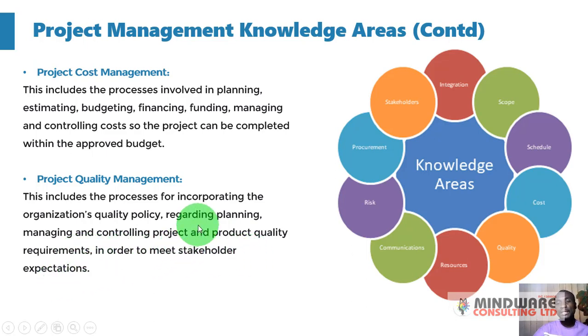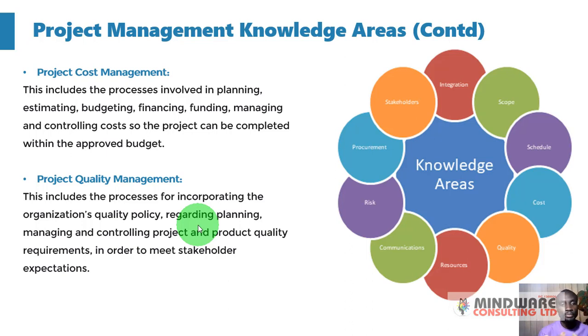Okay, so at the initiation phase, because that's where you do collecting requirements, you collect stakeholders' requirements, the specifications for the product. So they have specific requirements for each of the product or the service or the outcome of the project.